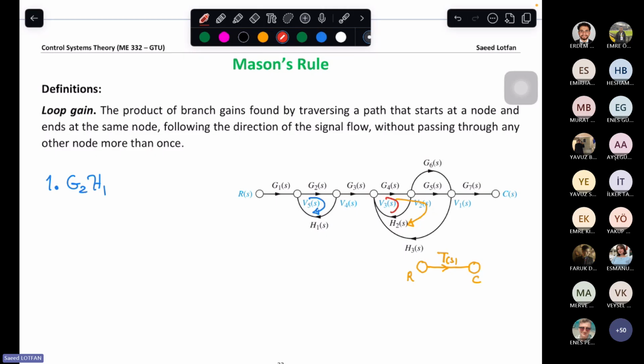The second one is G4 H2. The third one is G4 G5 H3. And also we have this loop starting from here, which is G6 H3 G4. So for this system we have 4 loop gains.